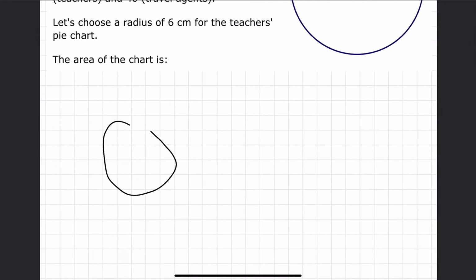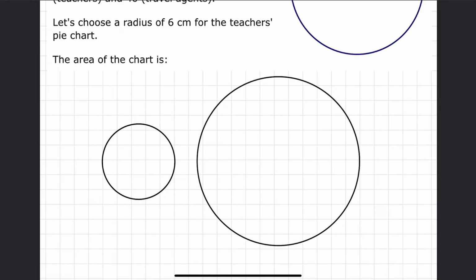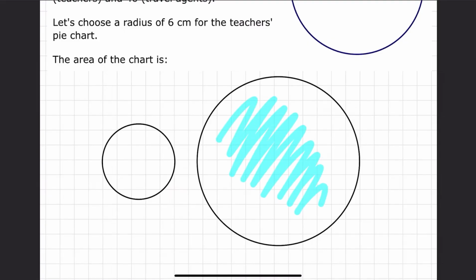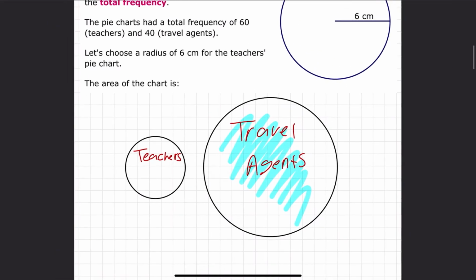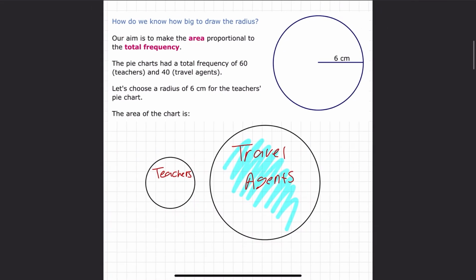So if I have a pie chart for teachers like this, and a pie chart for travel agents like this, if we know they are comparative pie charts, then we know the sample size for the travel agents is bigger than the sample size for teachers, because the area is proportional to the total frequency.